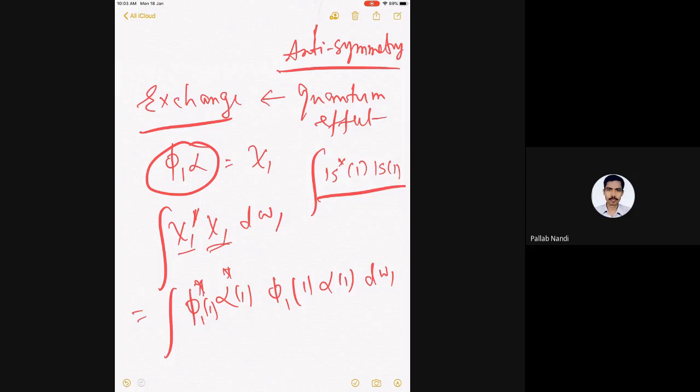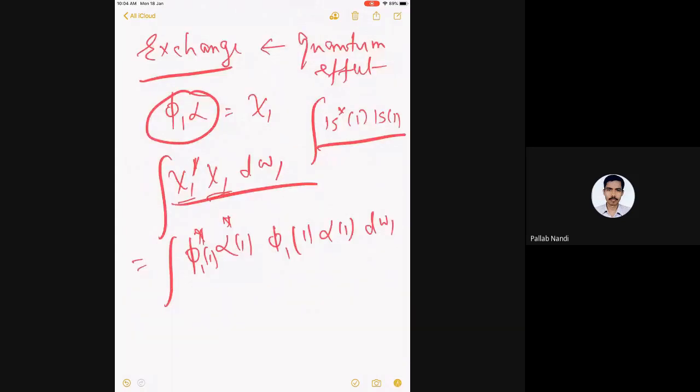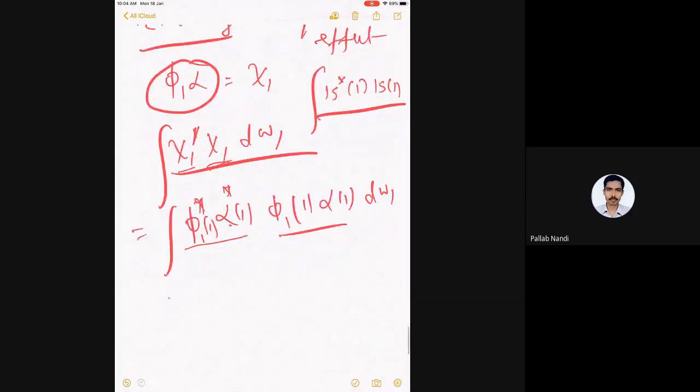That is a completely different matter. They will be in the same spin provided the orbitals are different, because the entire spin orbital goes together. So when I'm doing this integration, I write this one, and now I integrate alpha star alpha d omega, which is 1. So the same thing can be written as simply spatial orbitals: phi 1 star r1, phi 1 r1, dr1.